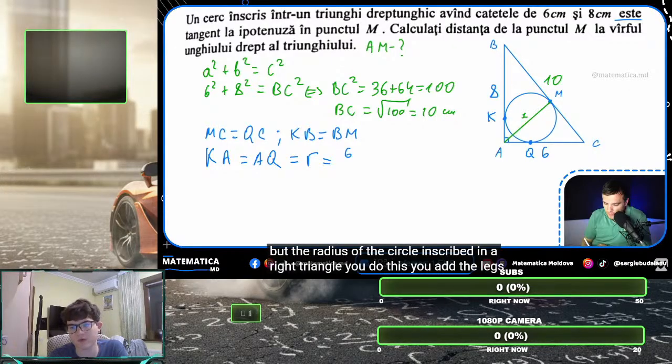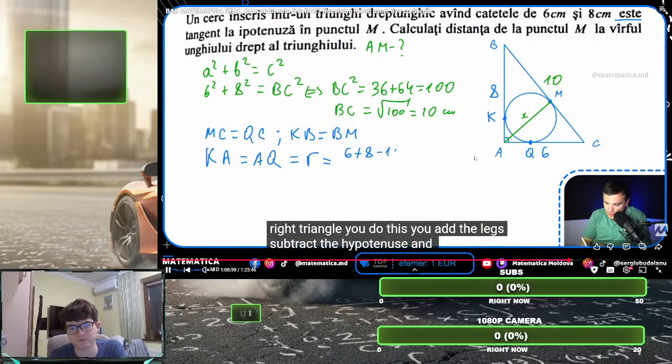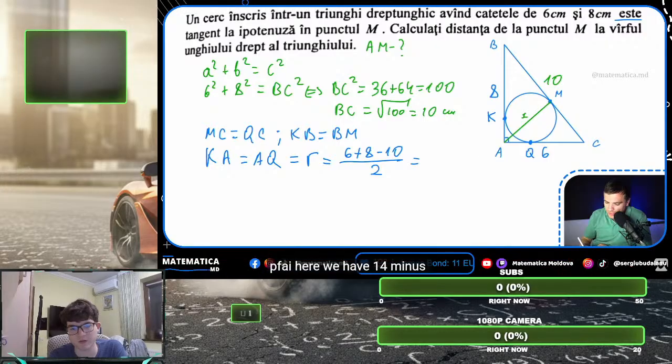He put all the points that are in the triangle of a circle. Okay, and that's some formula, man. Like 6 plus 8 minus 10 divided by 2. Bro, how can I know this formula?